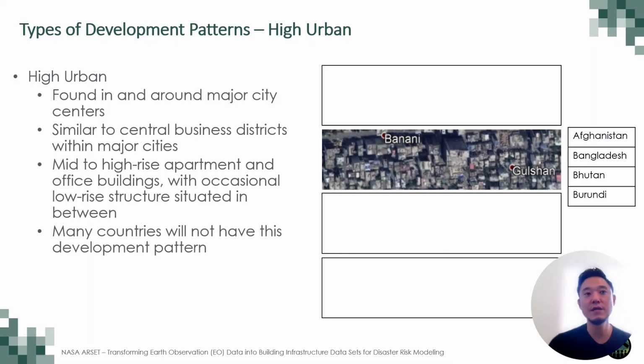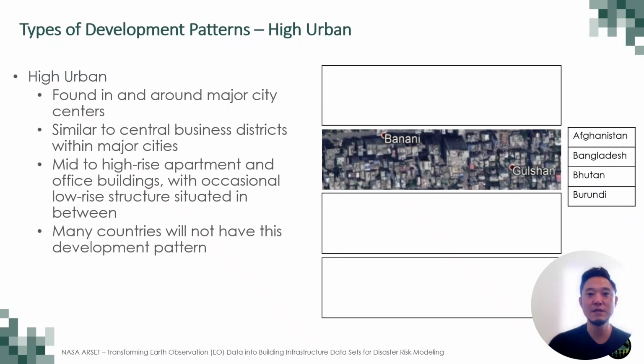So here we have one step above the urban development pattern. It's what we're calling the high urban. These are found only in the major cities and they're typically the central business district of the region. They're occupied by mid to high-rise buildings. You can see from this satellite image how densely spaced it is.